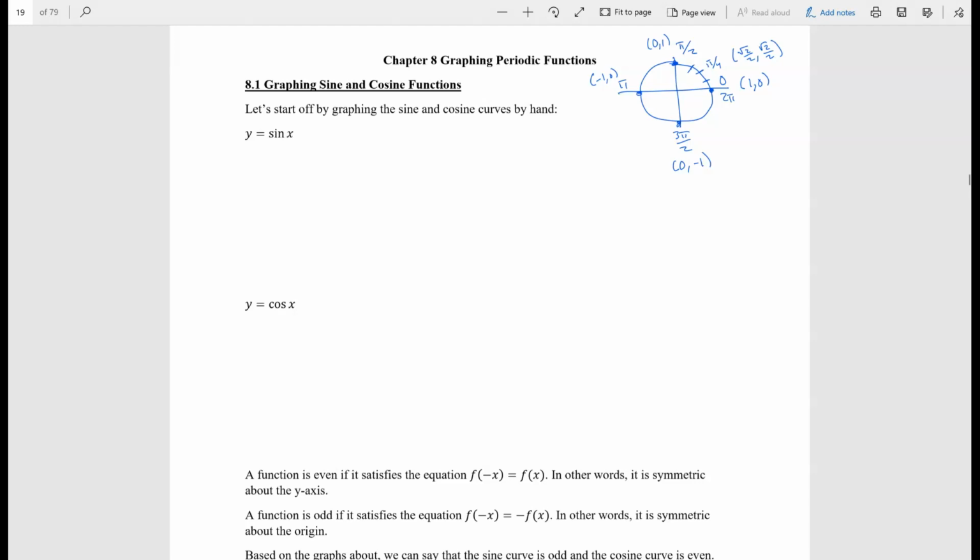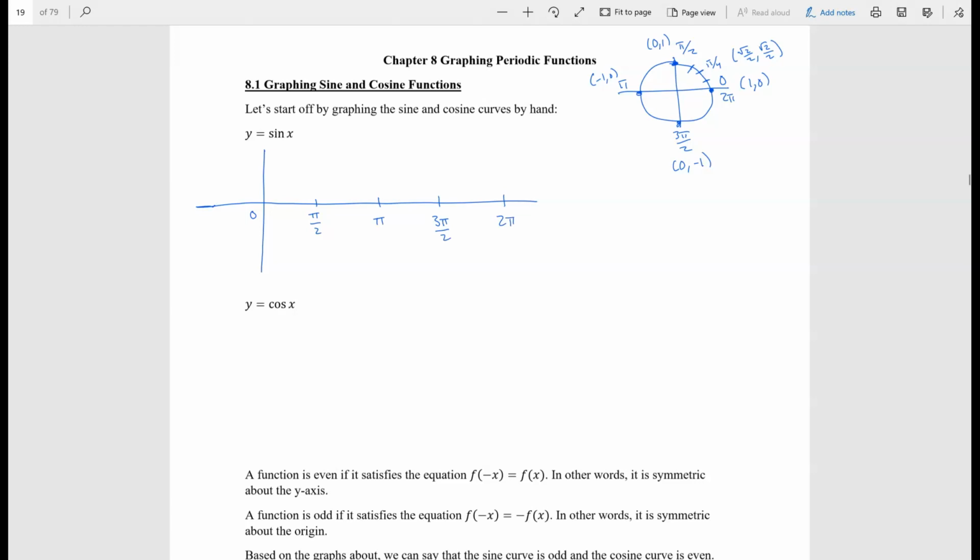So we'll start off with the sine function. We'll start off with 0, because 0 is going to be the easiest one to do. So the way that I'm going to do it is I'm going to do 0, then I'm going to go to pi over 2, then I'm going to go to pi, then 3 pi over 2, and then 2 pi. Okay, so we're going to start off there.